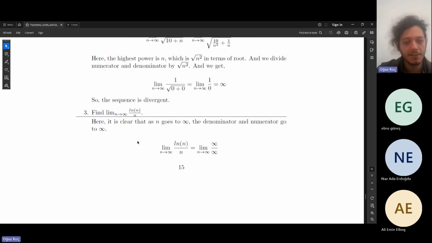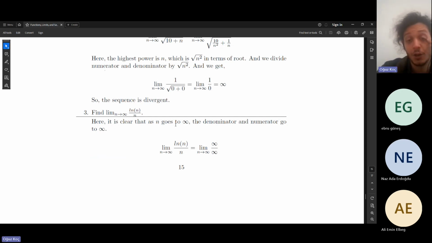And we have the third example. We check the limit of ln of n over n here, whether or not it's convergent or divergent. We will use here a special rule, which is called L'Hopital's rule.